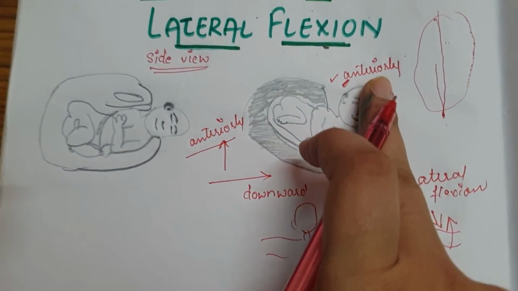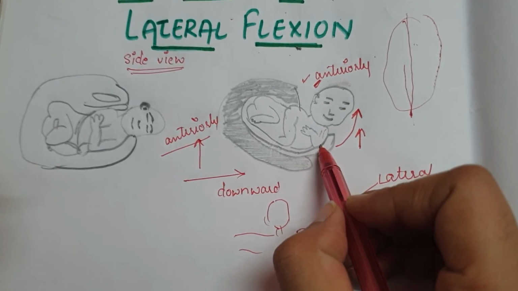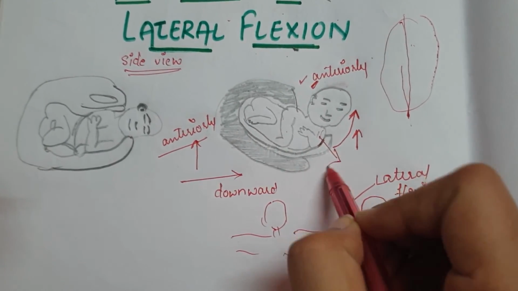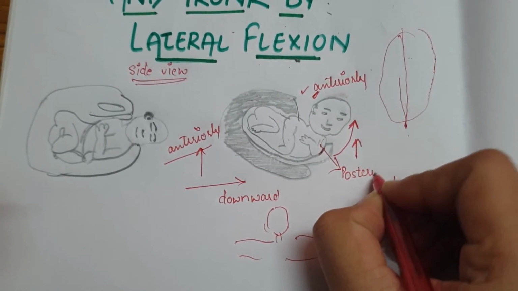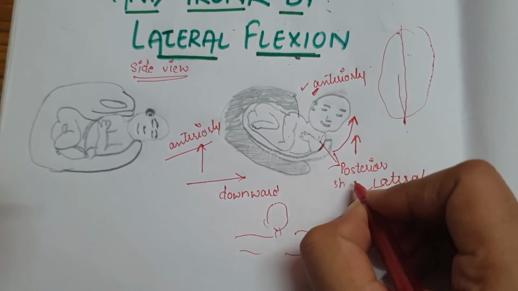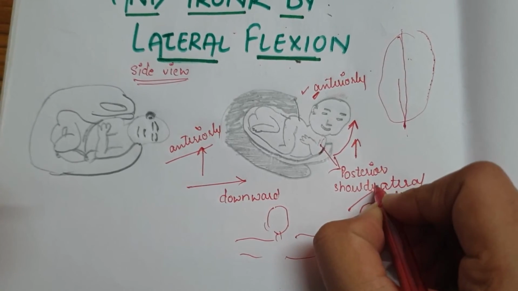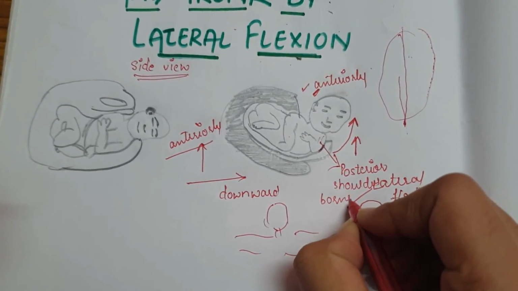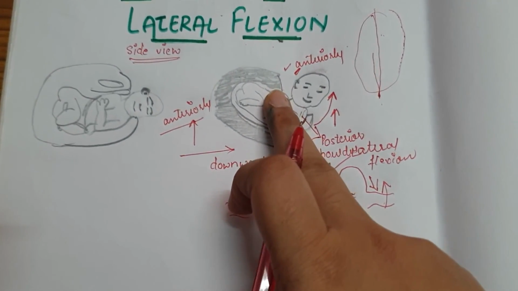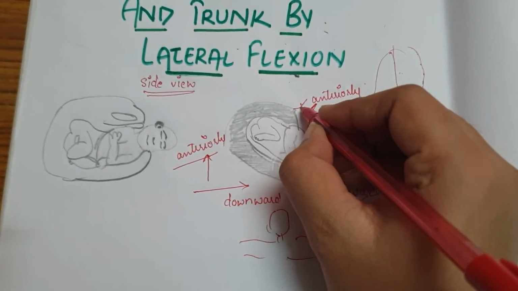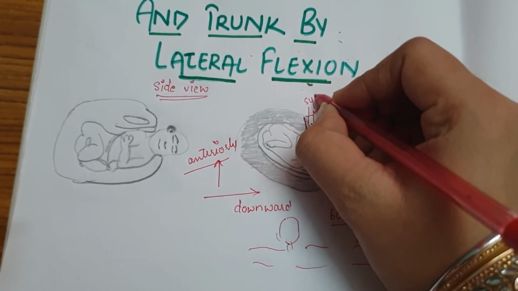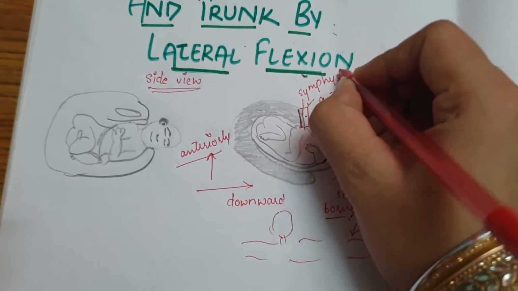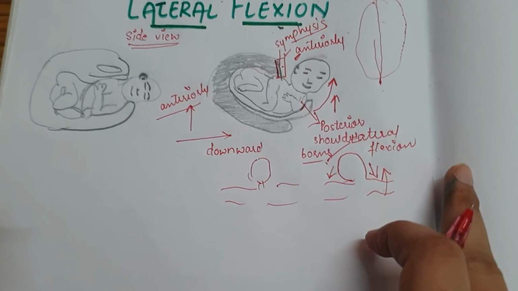So with the lateral flexion, the posterior shoulder is born first. This shoulder is born first, and then the anterior shoulder, which is placed behind the symphysis pubis, is born, and then the whole trunk is born.